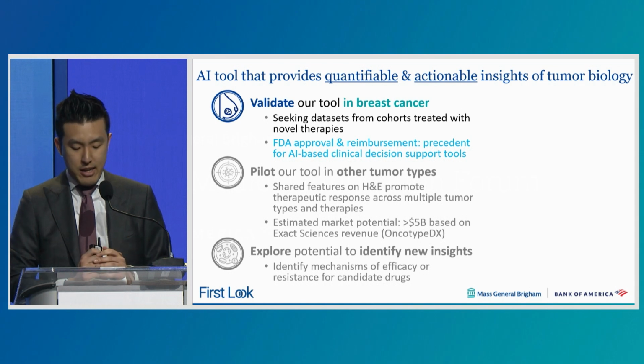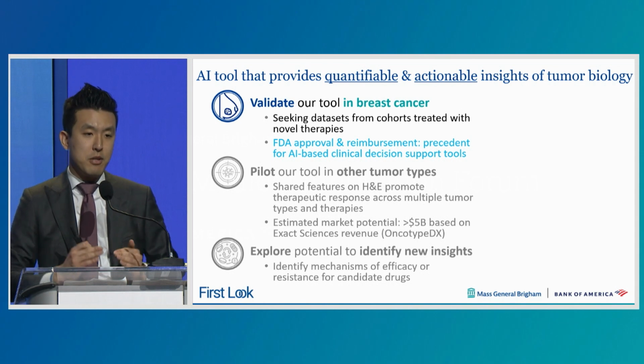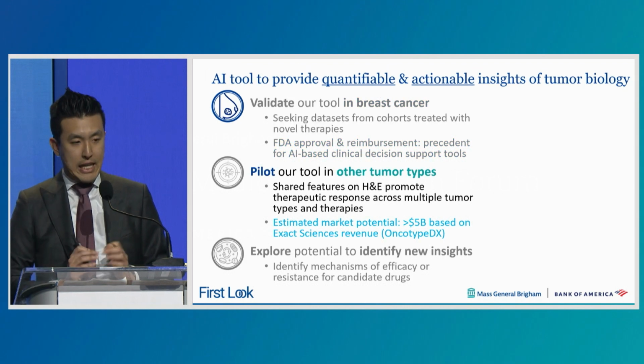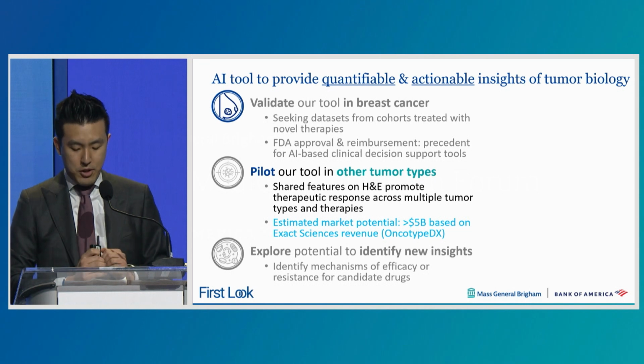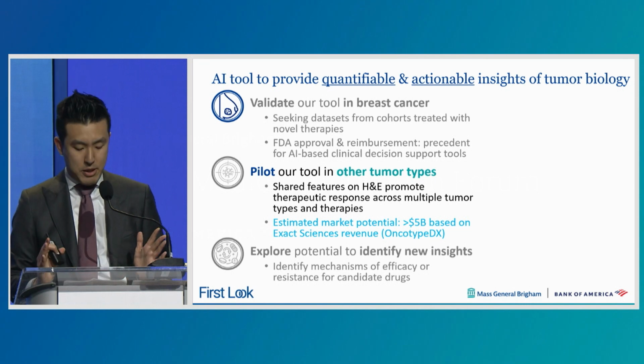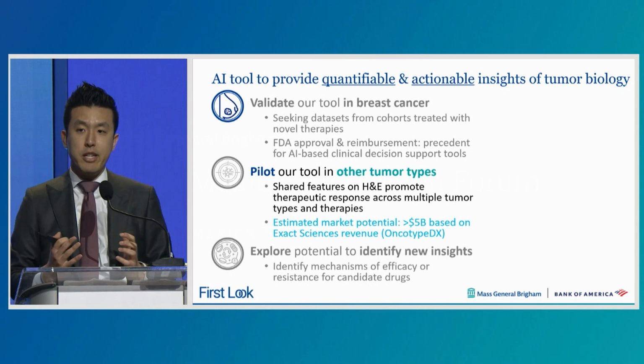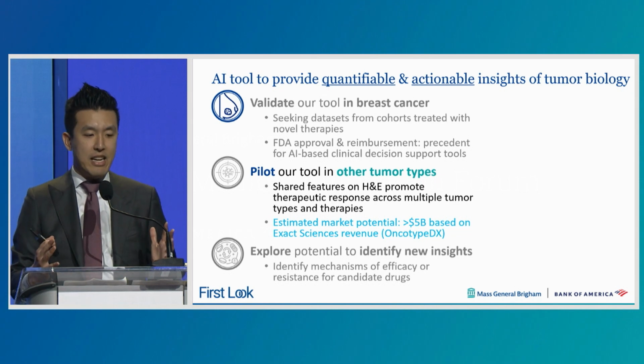While I haven't presented this data today, we've started applying this tool to specific therapeutics and are looking for additional data sets. We also have data that there are common spatial features on an H&E across multiple tumor types that promote therapeutic response, suggesting that our technology can be used for essentially virtually any solid tumor.